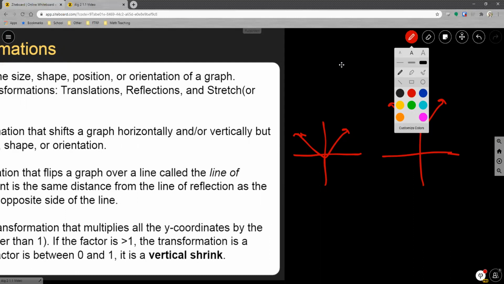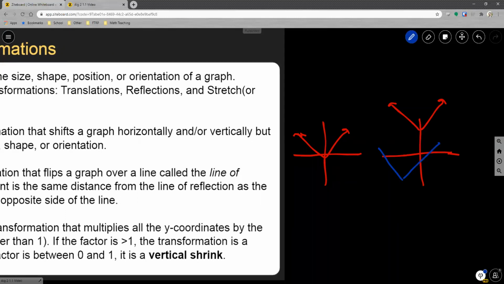Or it could get shifted down and over. Maybe it got shifted like this. It's the same function given my drawing. It just had been shifted now to the left and down. And a nice way we can figure out what's happening is we can look at that point at the end. The point got moved up here by several units, or it got moved over to the left and down several units on the blue graph.